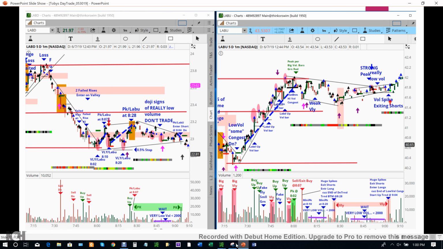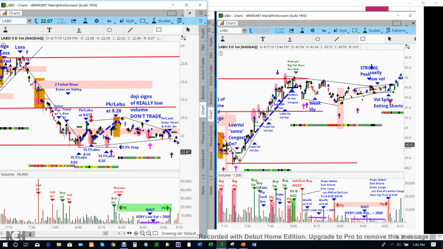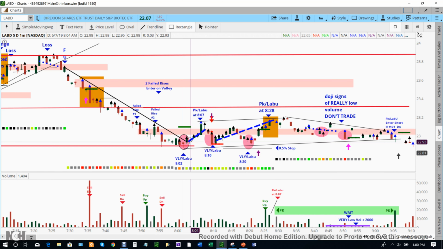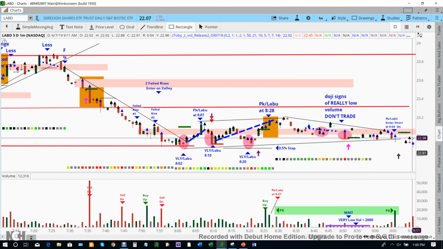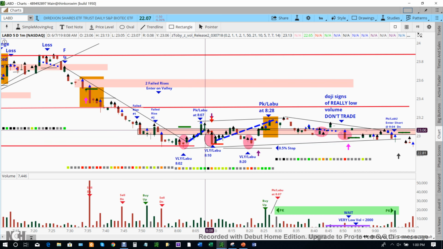So let's go back to the stock trade LabD, and I'll maximize it so we can see it a little better. I'm going to put the cursor here so we can actually see the value. On the right-hand side it's 22.94. The bottom of this blue bar is 22.93 or .94, and the top is 23.07.